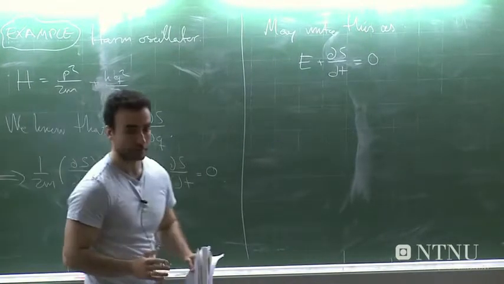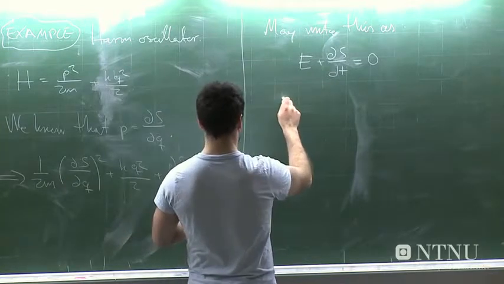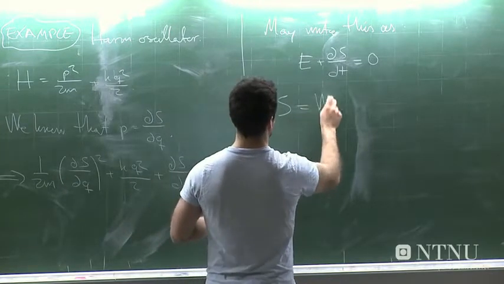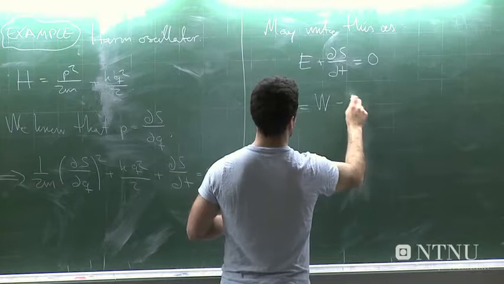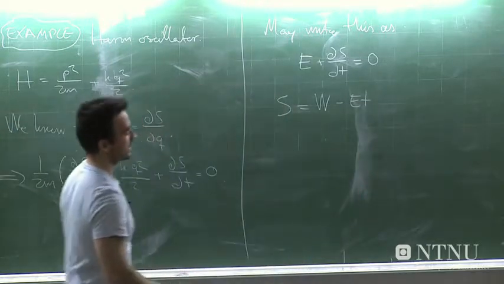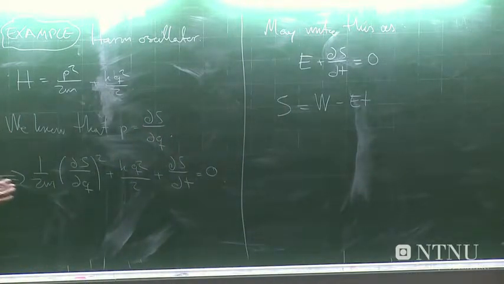Now, since it's a conservative system, we know that S, the principal function S, can be written as the characteristic function W minus energy multiplied with time.